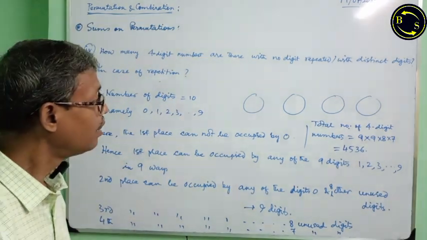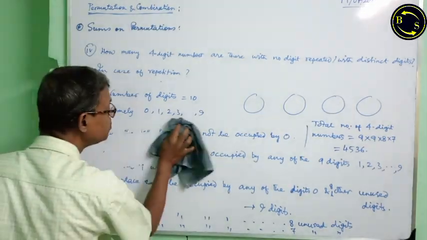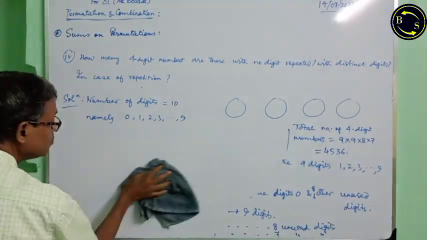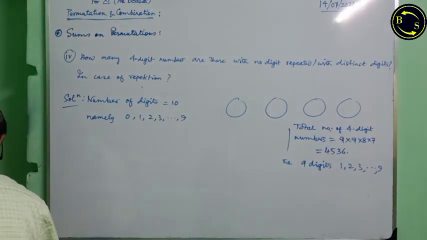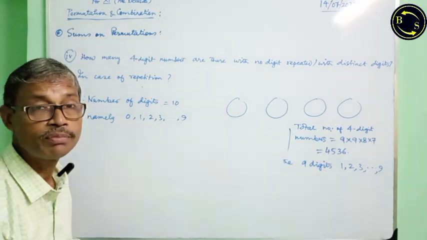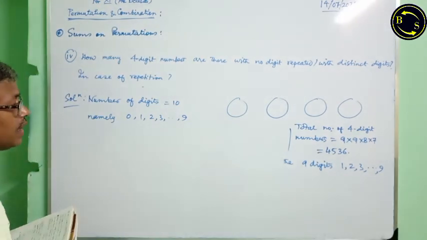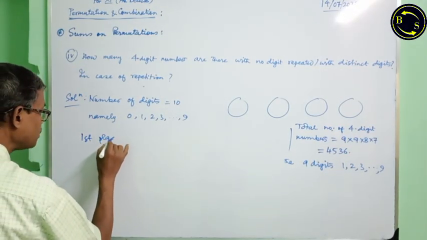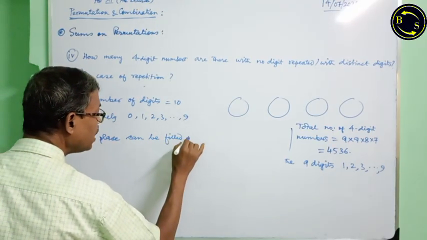Now, let me discuss the repetition case. Since 0 cannot occupy the first place, therefore the first place can be filled in 9 ways.